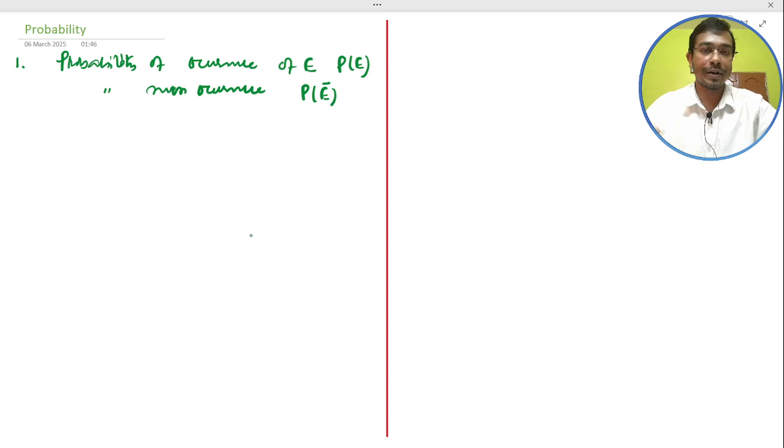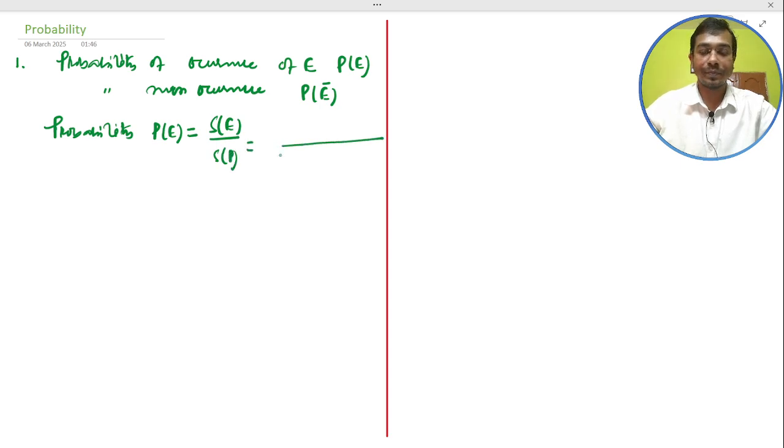The probability is defined as P of E equal to n of E divided by n of S, that means favorable outcomes divided by total outcomes. Very important. This is the definition of probability.